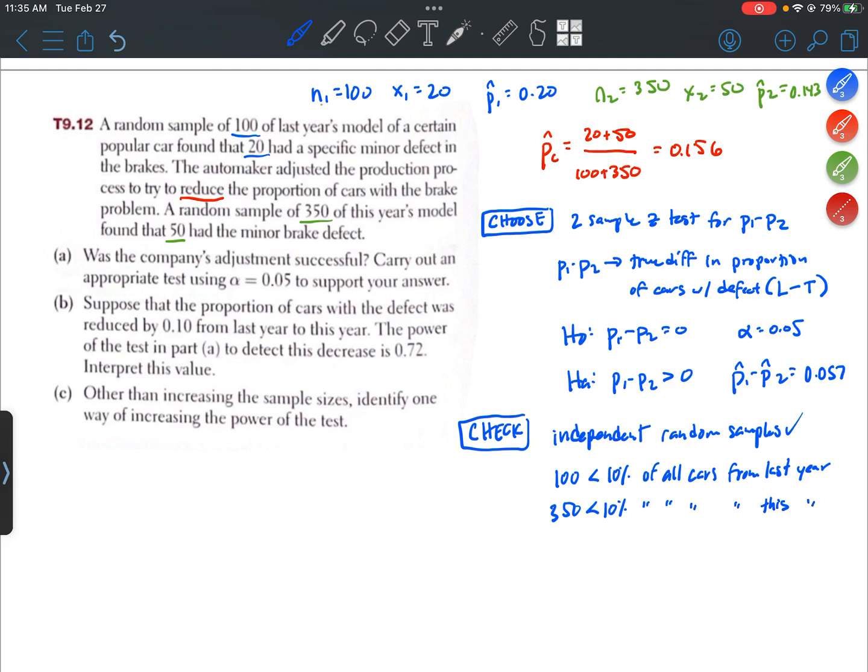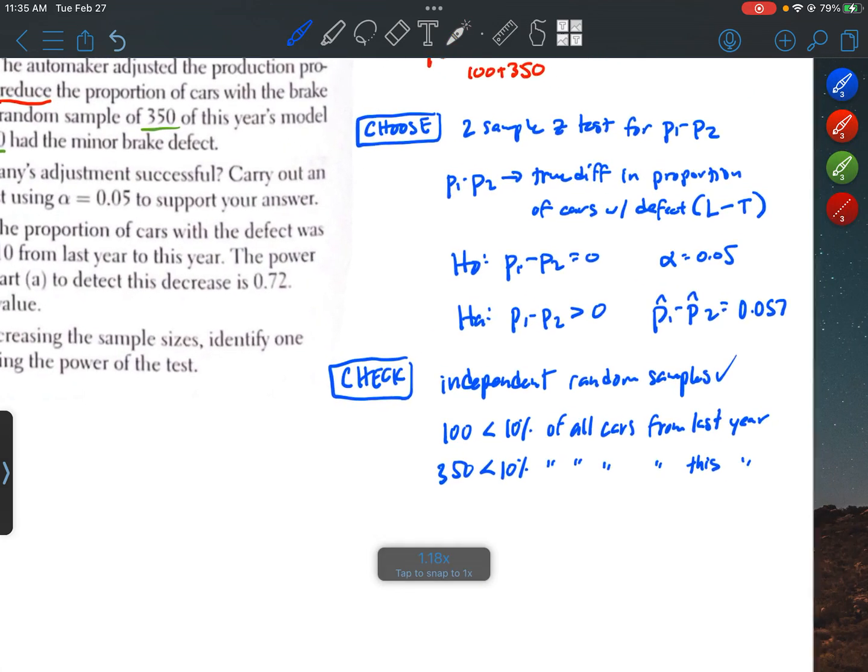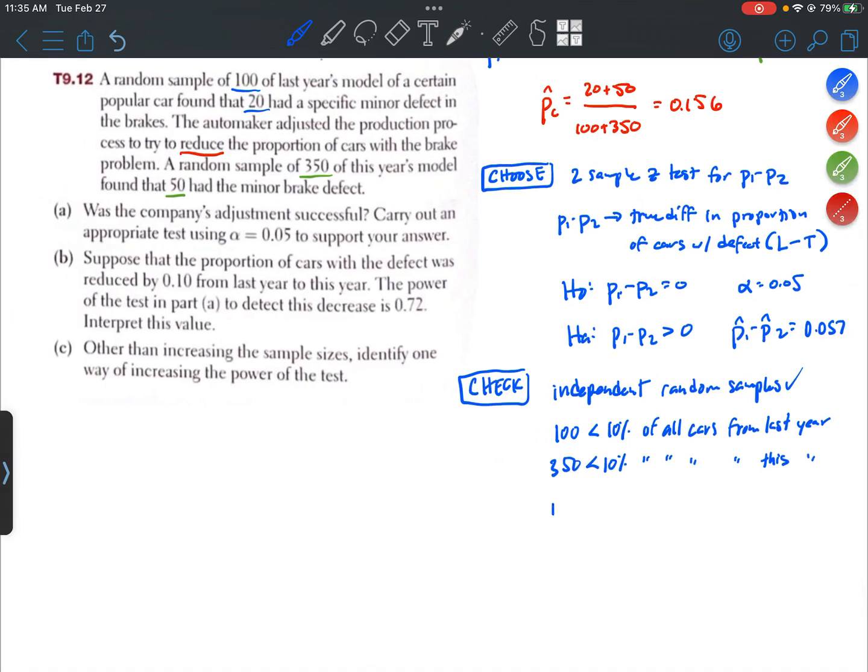All right, now let's check the large counts condition. So be careful here. We need to use the combined proportion when we check the large counts. So this will be 100 times 0.156, 100 times 0.844, I think. And then we'll do 350 times 0.156 and 350 times 0.844.